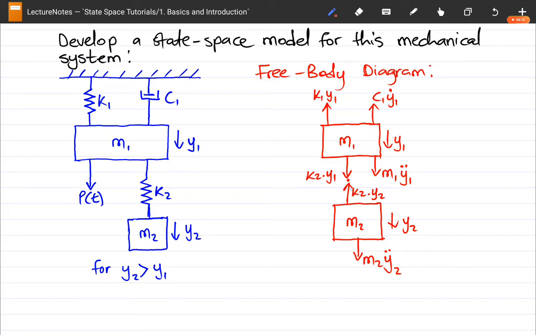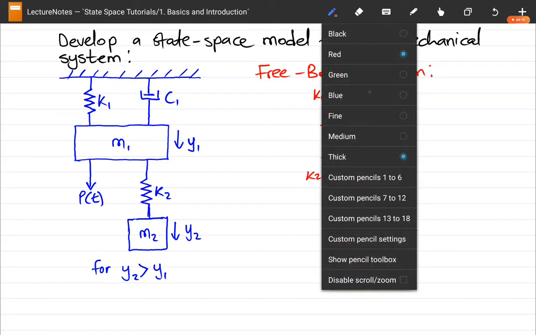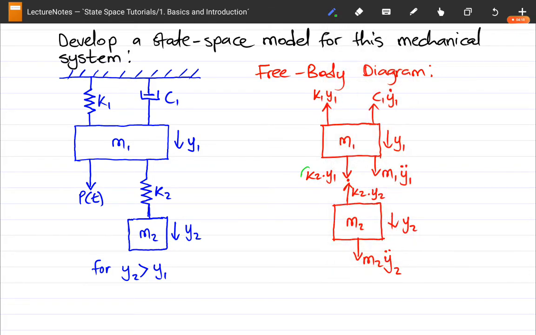So what we can do, I'm going to write this in green, is K2 y1 minus K2 y2.